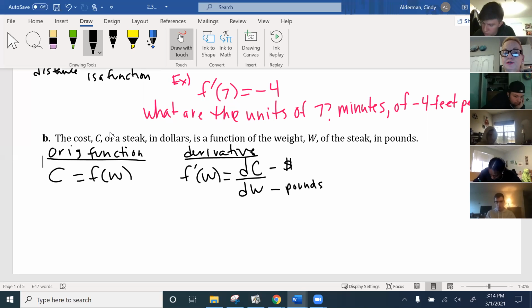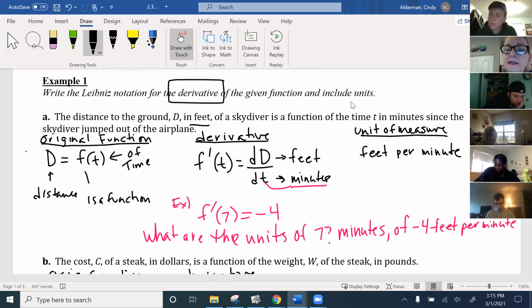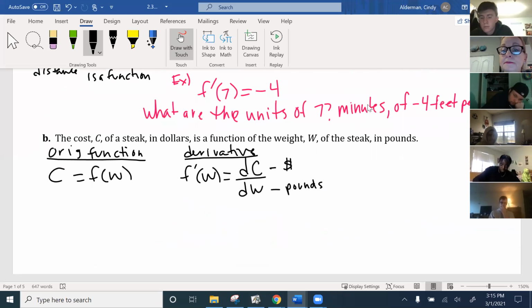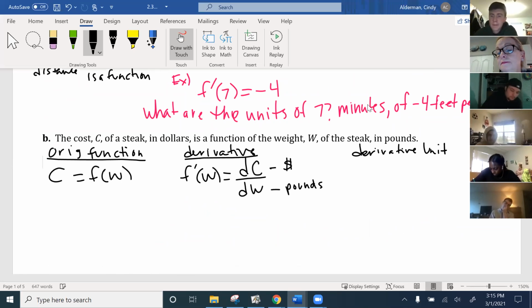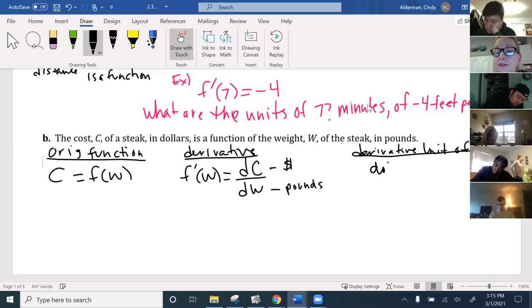The derivative's unit of measure is what? You guys tell me. It's not a trick question, I promise. Dollars per pound. Yeah, definitely. It's just dollars per pound. And that's how the fraction sort of helps you out, right? So derivative unit of measure is dollars per pound.